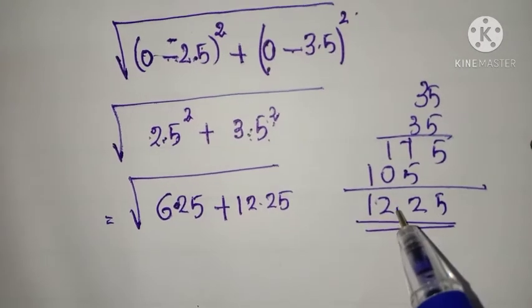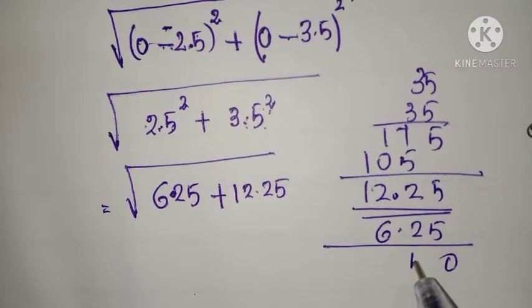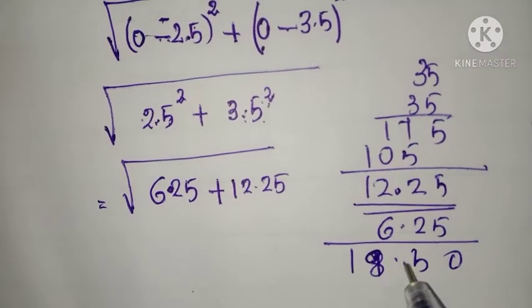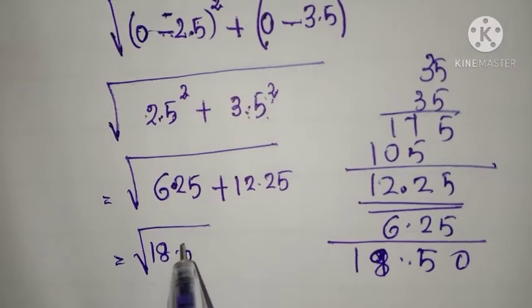So 12.25 plus 6.25 becomes 18.50. Okay, root of 18.50.